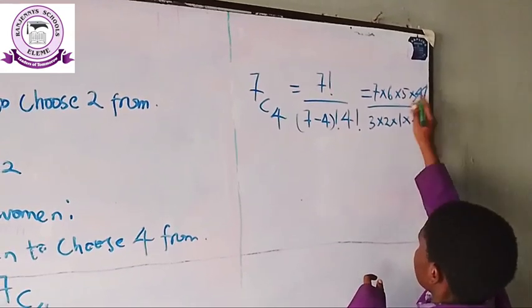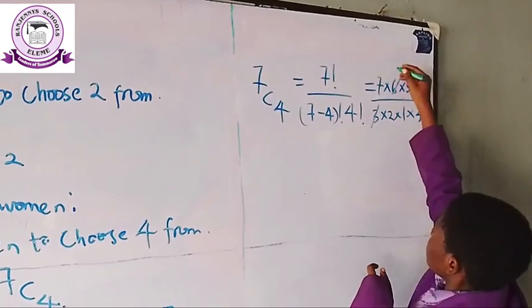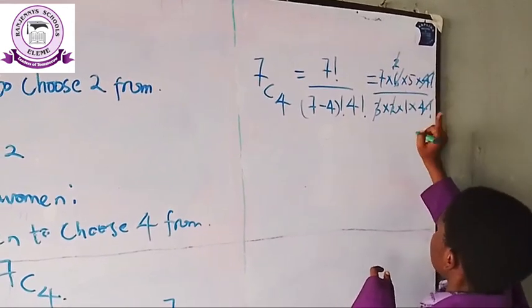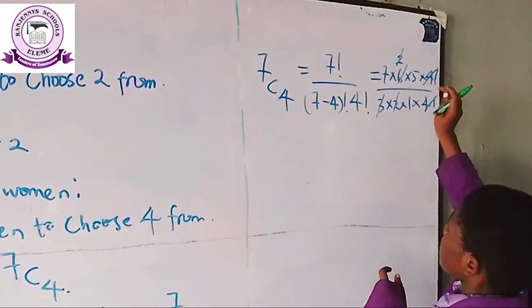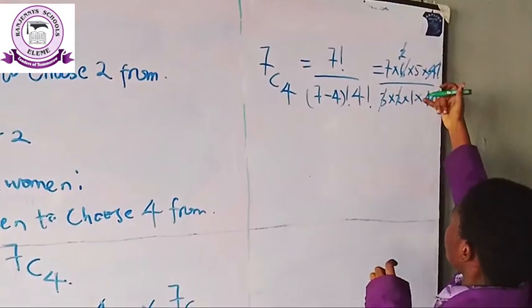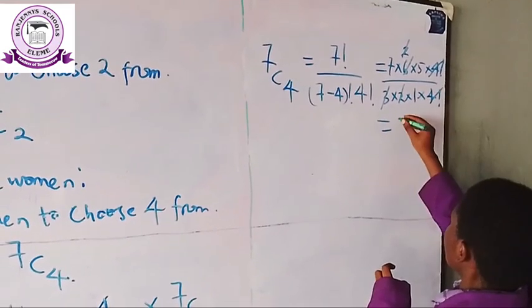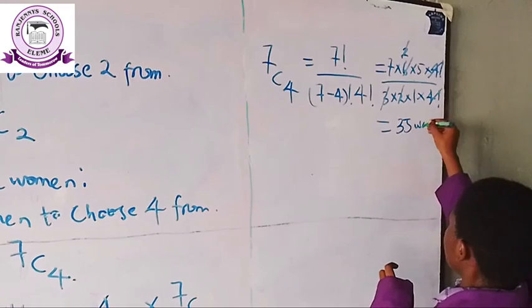This and this will cancel themselves. 3 going into 6 is 2, 2 to 2 is 1, 7 times 5 is 35. 35 divided by 1 is equal to 35 ways.